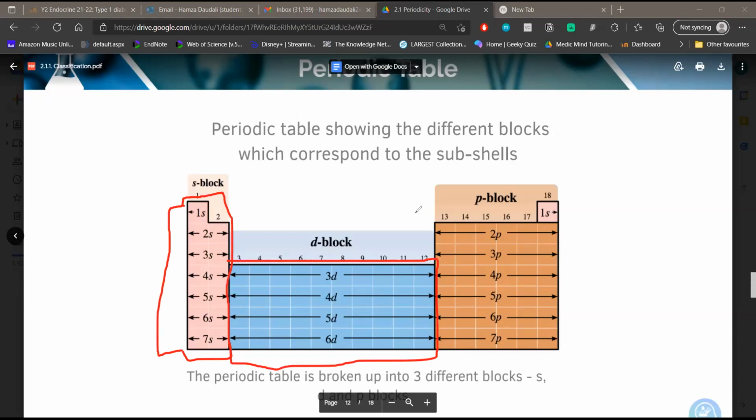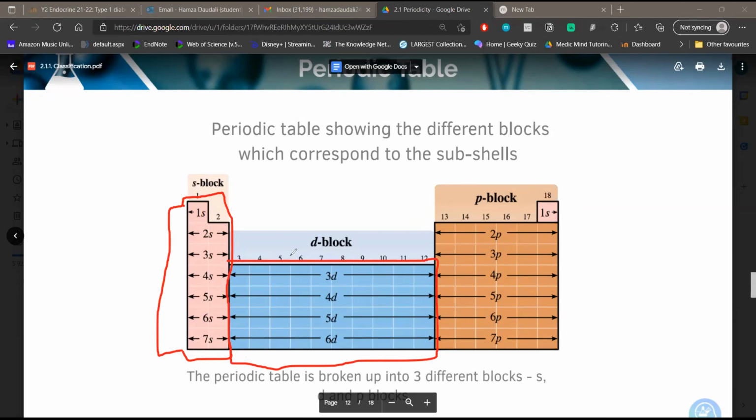A lot of the properties of the d block elements, which I'm sure you'll talk about, I don't know how many of you are in A2 versus how many are in AS. A lot of the properties of the d block elements are to do with their position on the periodic table, and to do with the fact that the d orbitals often have varying energy states, whether they have or they don't have electrons.